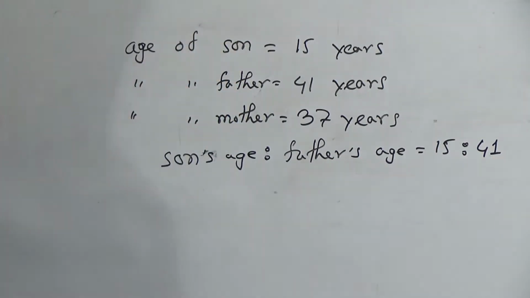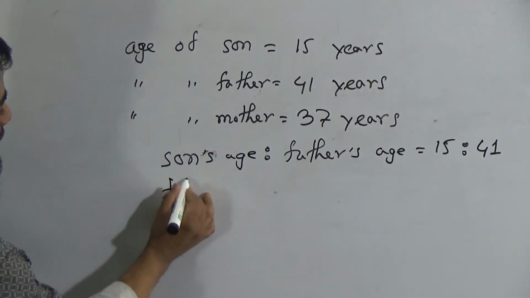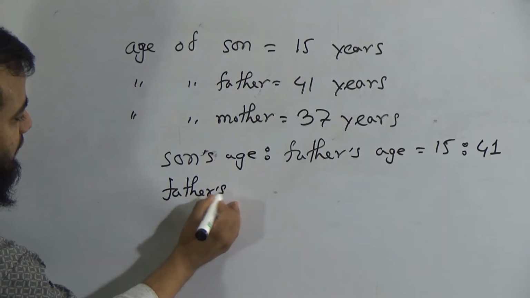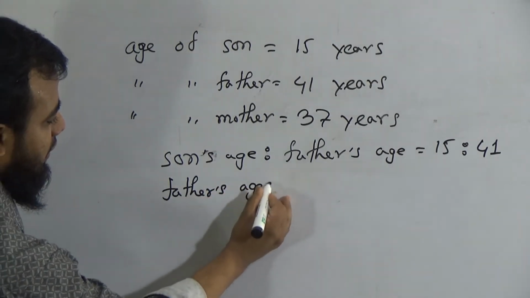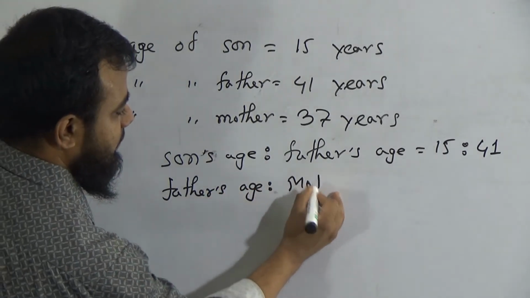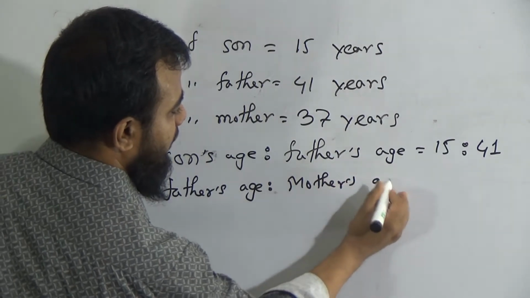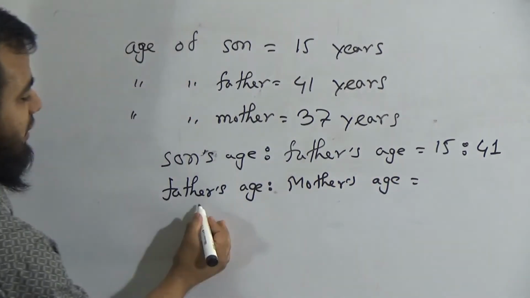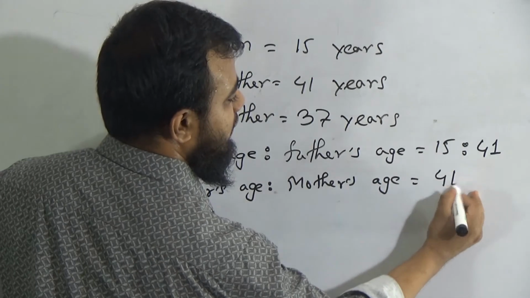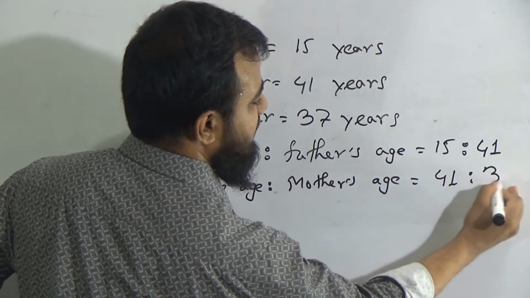Also we can get the ratio of the father's age to the mother's age. That is father's age 41 years to mother's age 37.